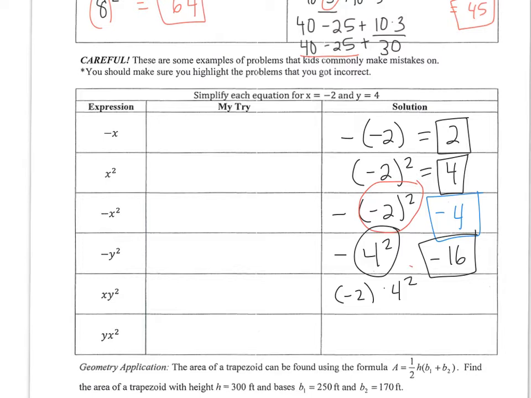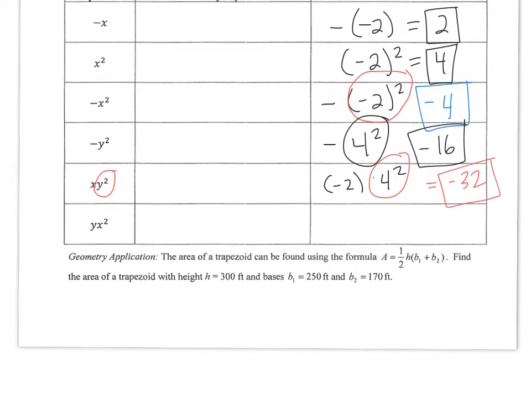So I'm going to do the exponent, which is 16. 16 times negative 2 is negative 32. So you're only squaring the y here, not the x. And then the last one, you got y, which is 4, times, I'm putting x in parentheses, negative 2 squared. So 4 times 4 is 16.